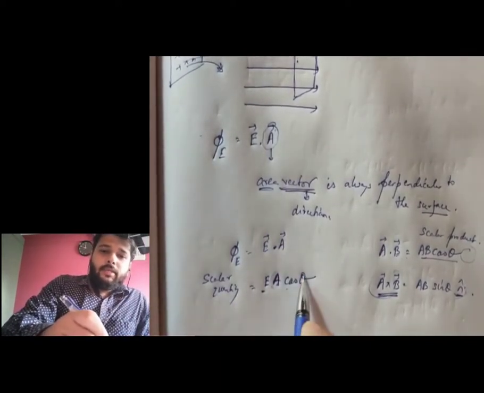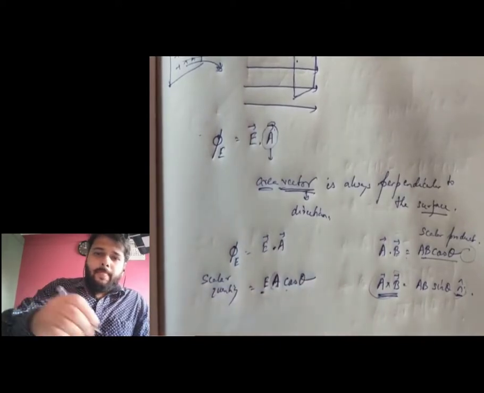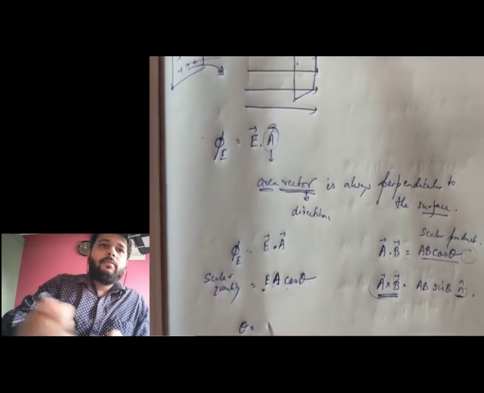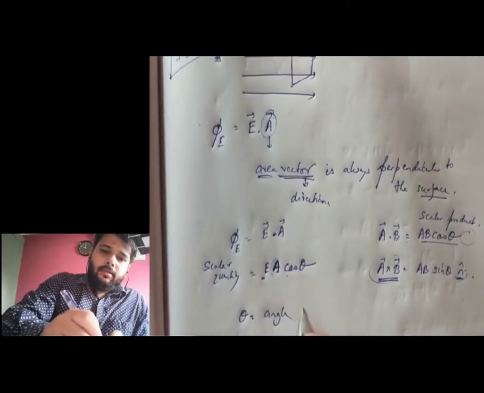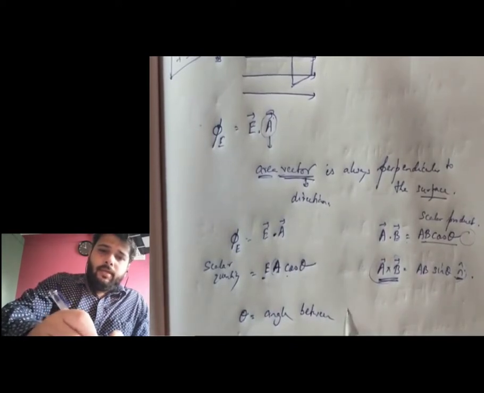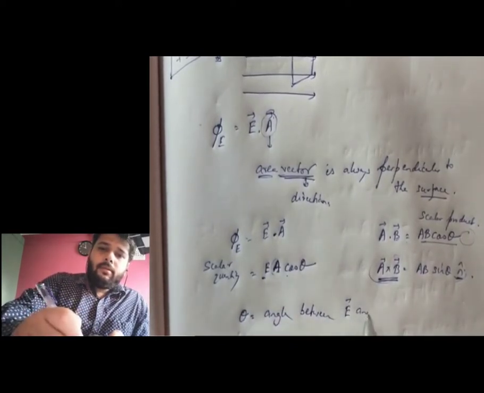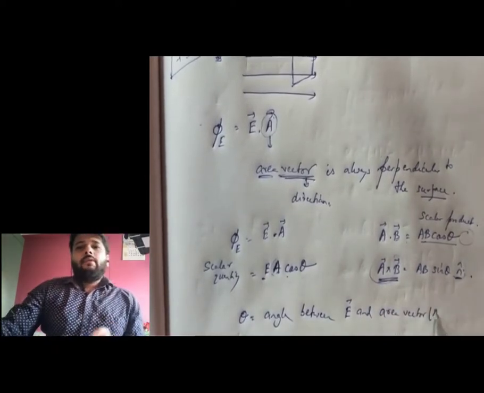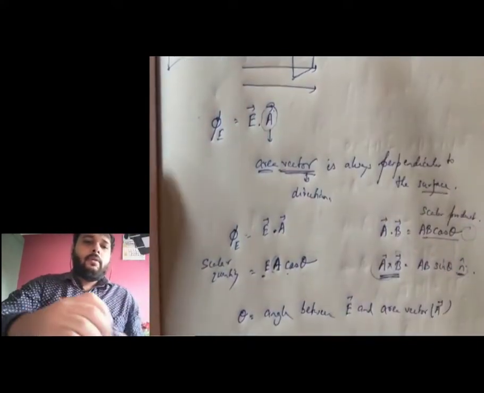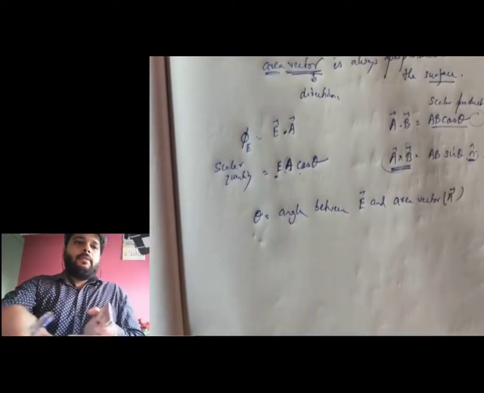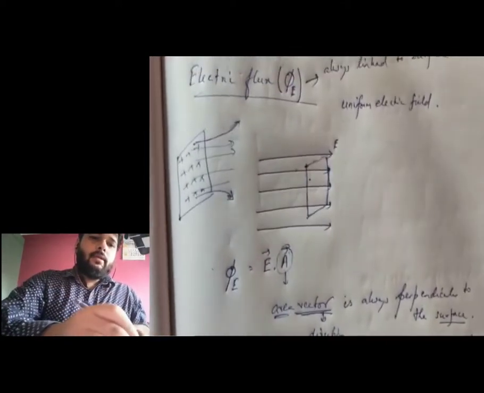Now here the question arises, what is theta? Okay, so theta is the angle between electric field and area vector, that is A. Okay, see, I have drawn here the direction of electric field.